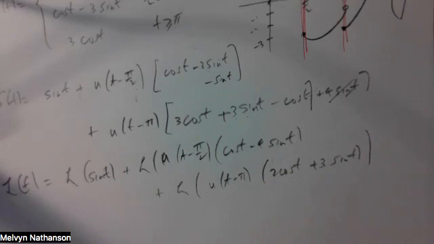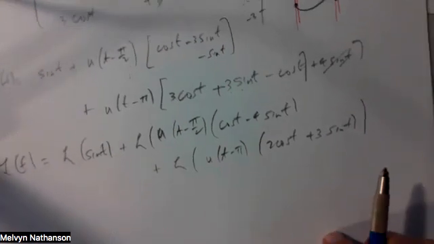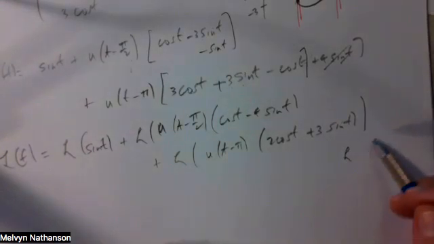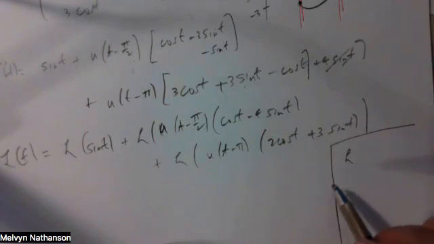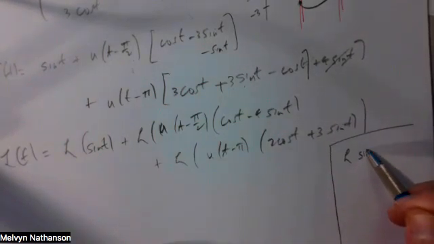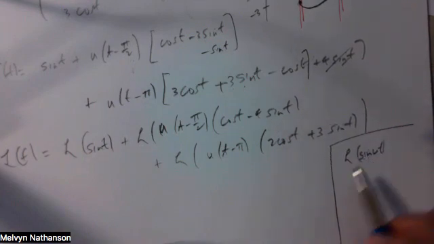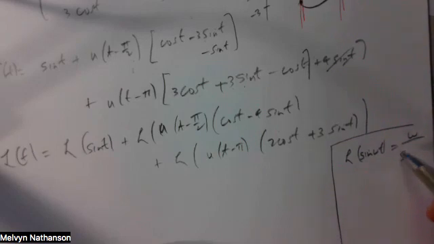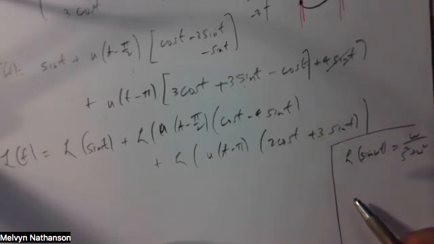Now, if I look at my table of Laplace transforms, just make a note over here. The Laplace transform of the sine of omega times t, for any omega, is omega over s squared plus omega squared.